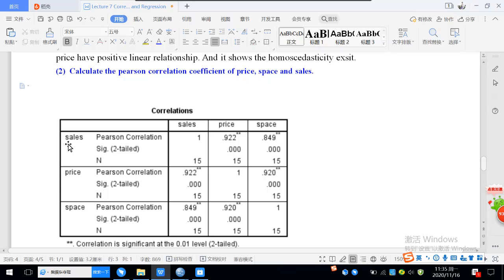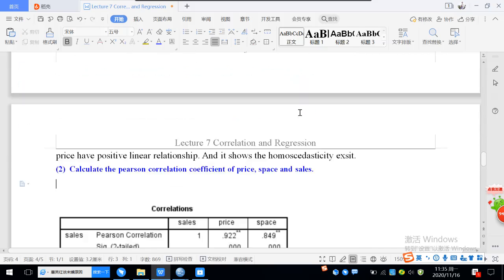But this time, price, space, and sales, the correlations are all very significant. In this case, price and space will be used to predict sales. Then we start number 3.